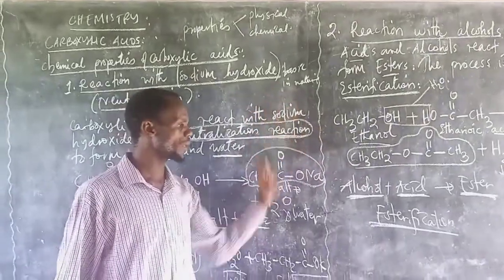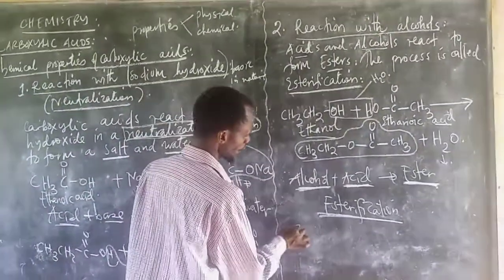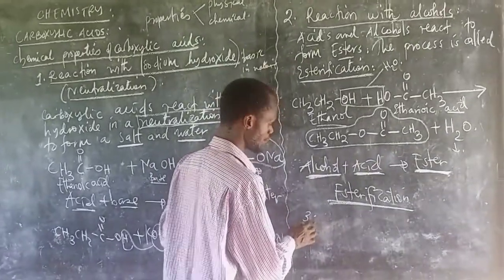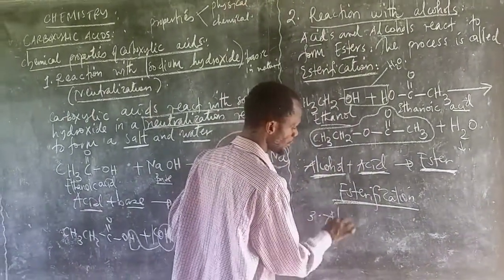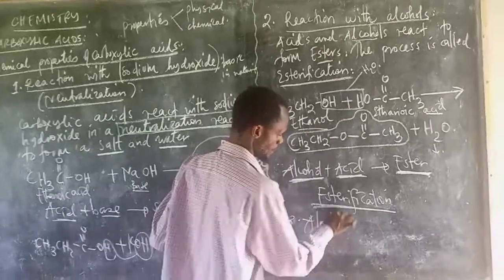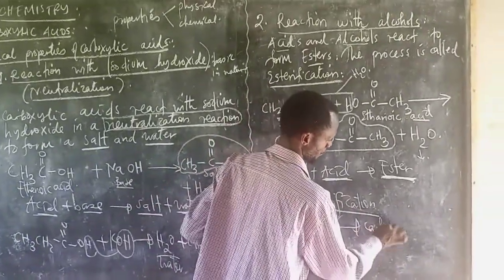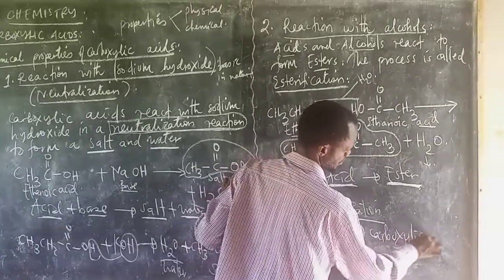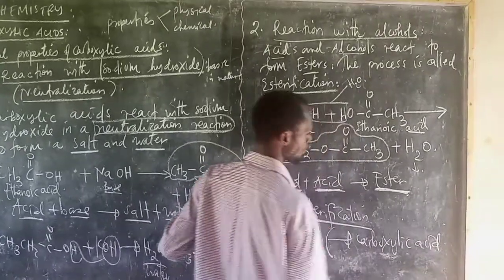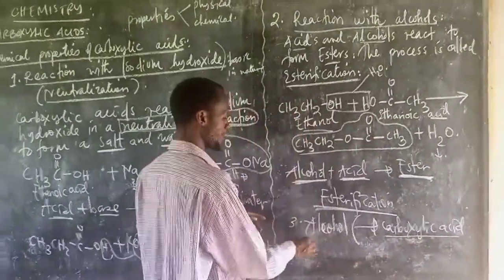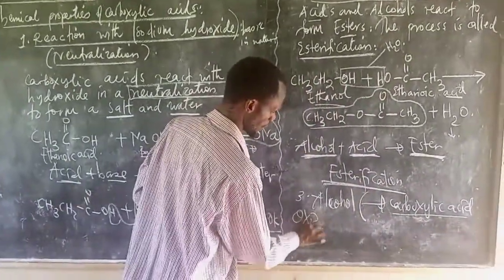But we also have many other things. For example, we can discuss how carboxylic acid is formed, that is, alcohol to carboxylic acid. Carboxylic acid can be obtained from alcohol by oxidation of alcohol.